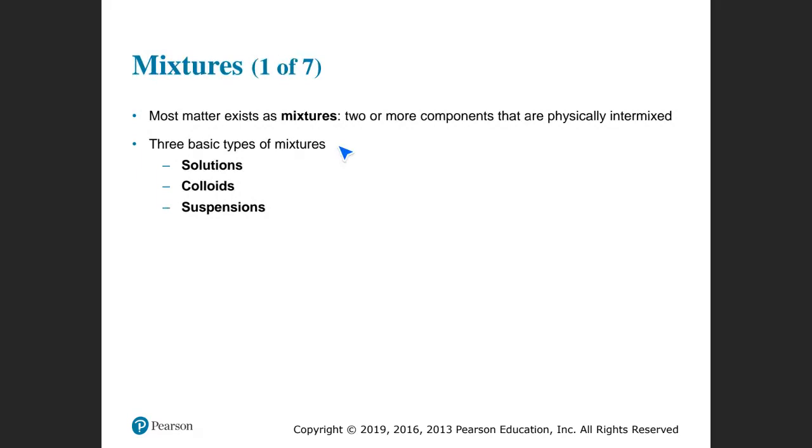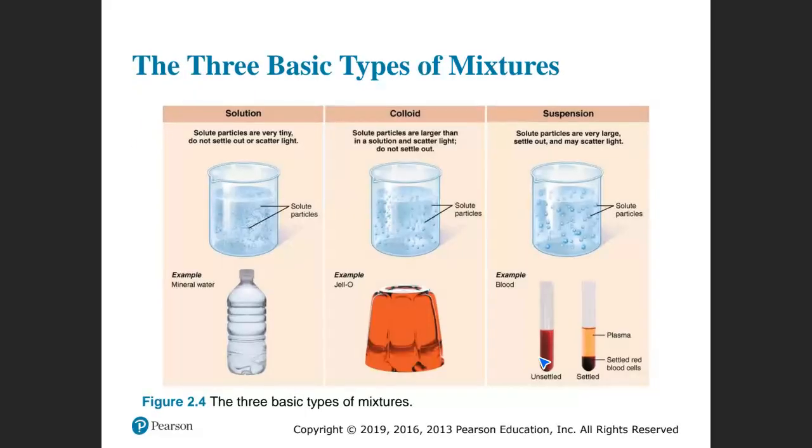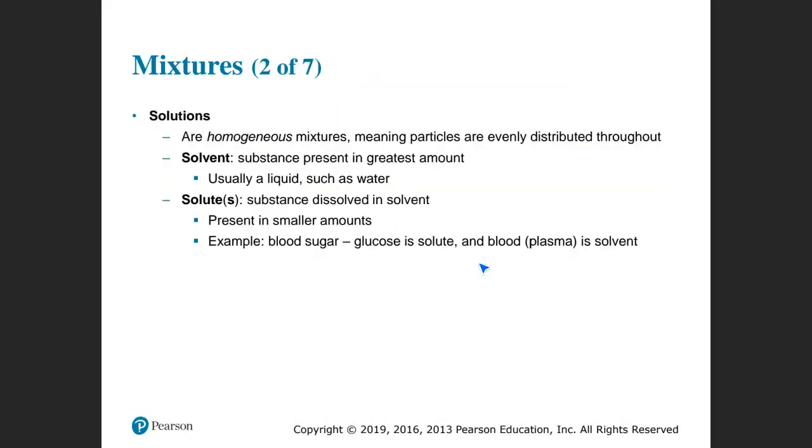Most matter exists as mixtures, two or more components that are mixed, and this can create things like solutions, colloids, or suspensions. We'll talk about solutions first, and there's a good visual from your textbook. Solutions contain a solvent, and the universal solvent is water. The solvent is the substance in a solution that has the greatest amount, and it dissolves a solute, which could be something like salt or sugar.